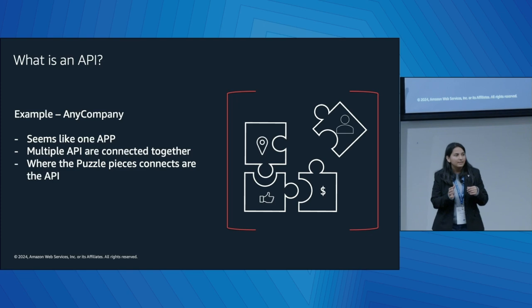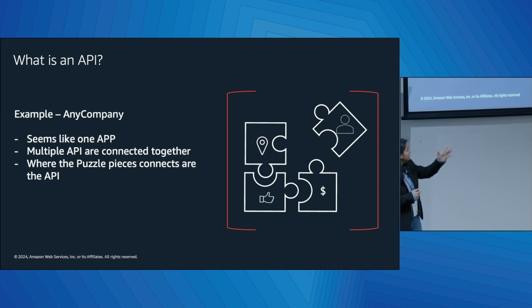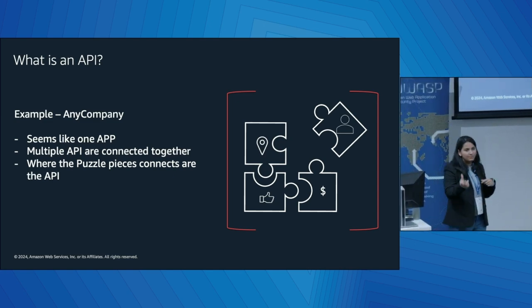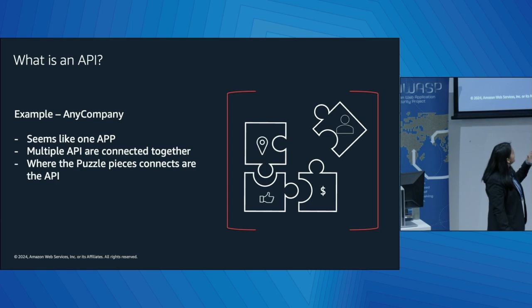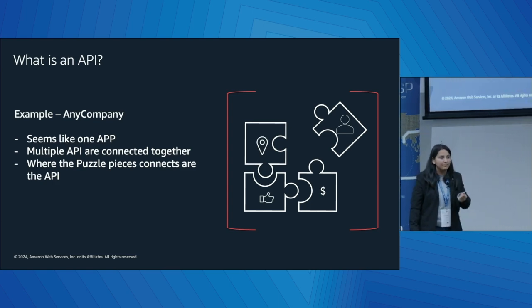You see Uber as one app, but Uber is connected from multiple building blocks, or multiple puzzles. A puzzle piece for location, another puzzle piece for user management, another for rating, and each puzzle piece connects together, and the way they connect is the API.